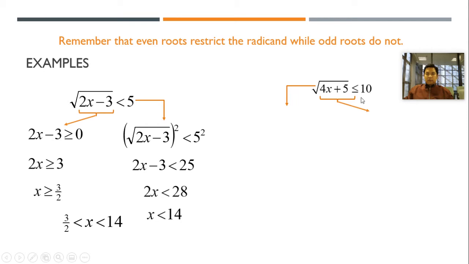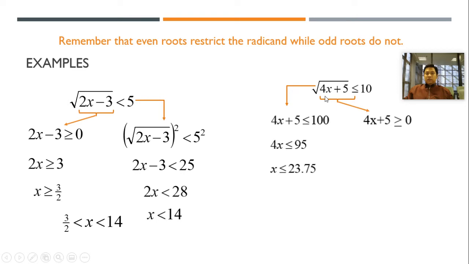Our second inequality follows the same idea. We have 4x plus 5 as our condition to check. The whole inequality can be solved by squaring both sides already. X is less than or equal to 95 over 4, or 23.75.